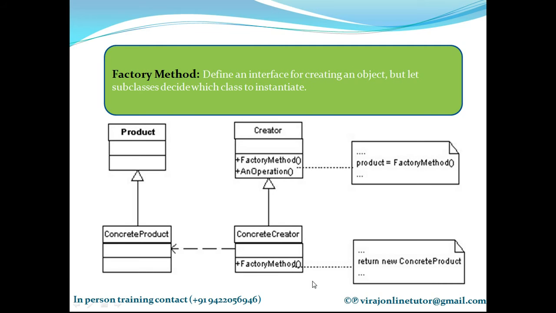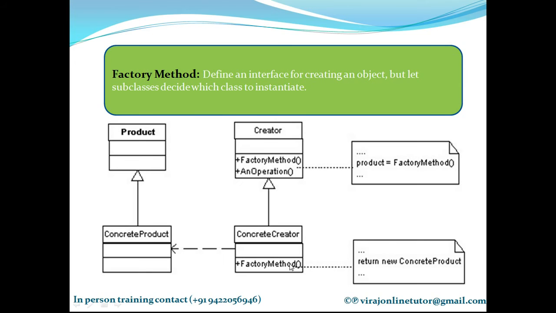And inside the factory method definition, based on the value that parameter has, you can create the respective subclass objects. Suppose I have two concrete products, concrete product 1 and concrete product 2. I can pass a variable to this factory method, and inside the factory method definition, I can decide which of the two concrete products to create.